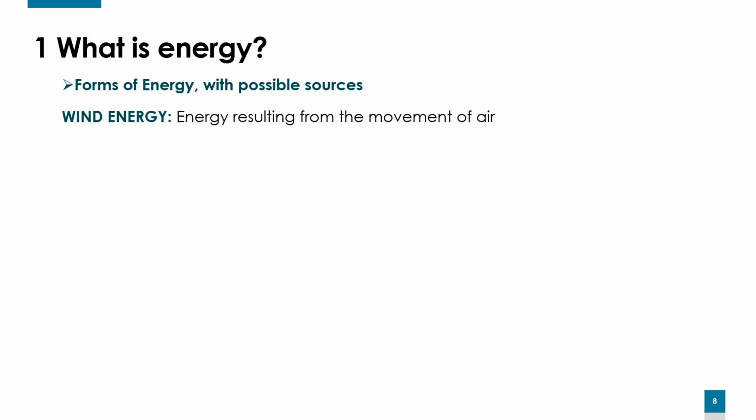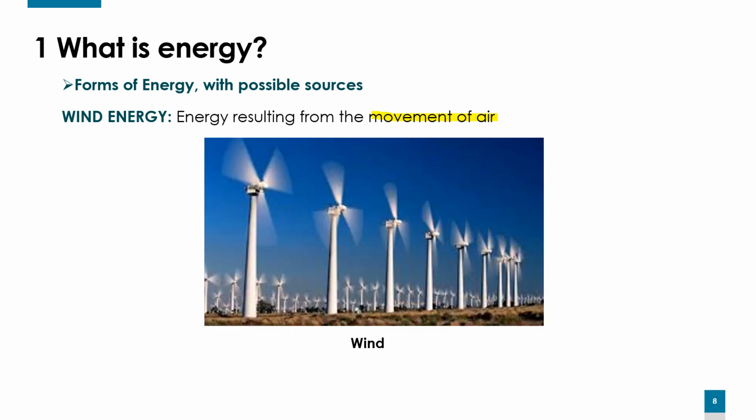Another one, wind. Wind is the movement of air. This movement of air creates energy that we can use in power plants. The movement of these helices creates electric energy; it is transformed into electrical energy.